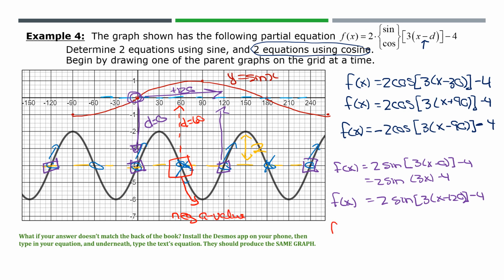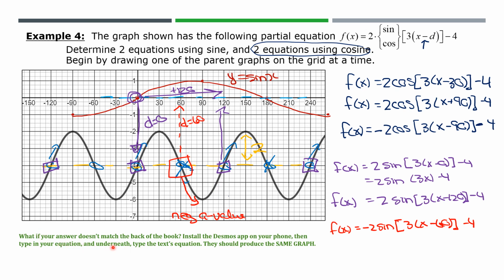So I could write f of x equals negative 2 sine 3 times x minus 60, minus 4. So look at all of the different ways, and I could go on all day. I could keep making more and more and more. All the different ways just to write the equation for this one black wave.